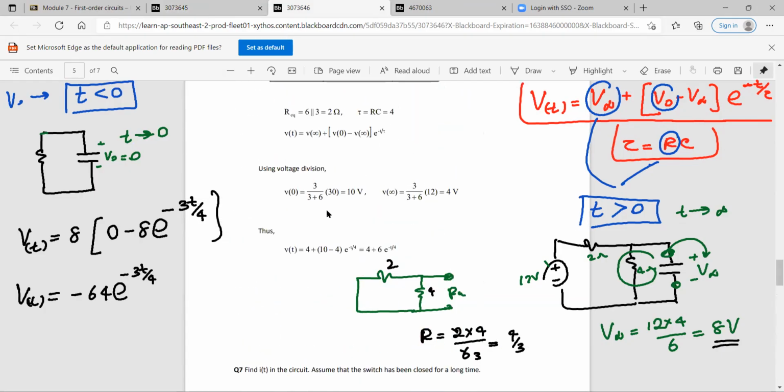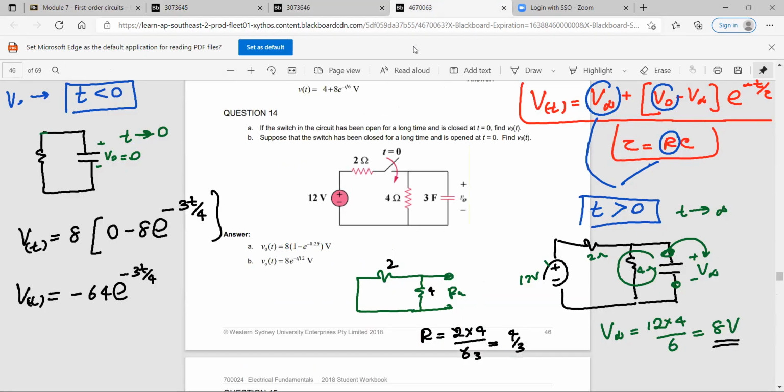So don't worry about the answer, because as long as we follow the right steps, it's right. Some answers are wrong.